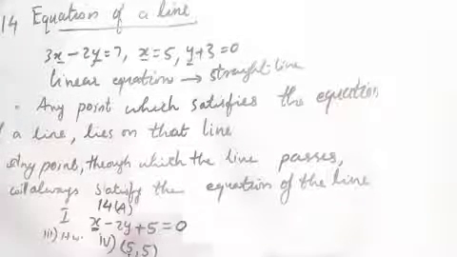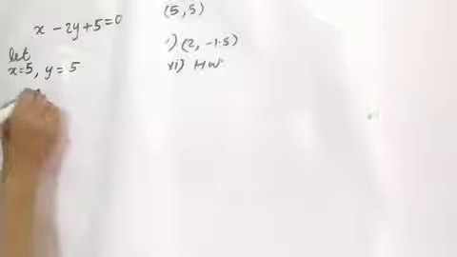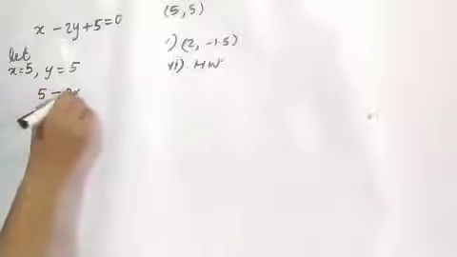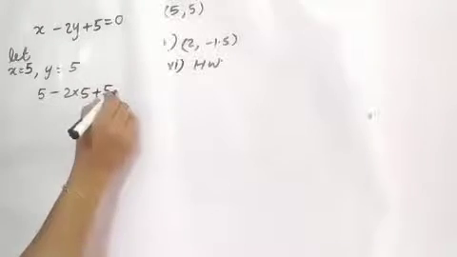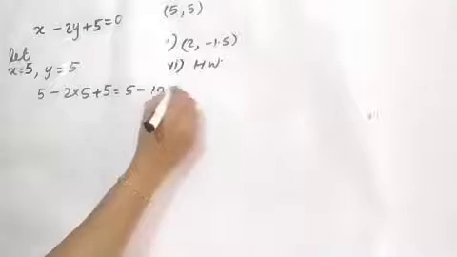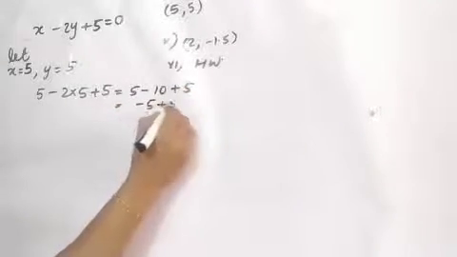Let us check this point. Let x equal to 5, y equal to 5. So 5 minus 2 into y, 5 plus 5. What is the value here? 5 minus 2 fives are 10, plus 5. 5 minus 10 minus 5 plus 5 equal to 0.